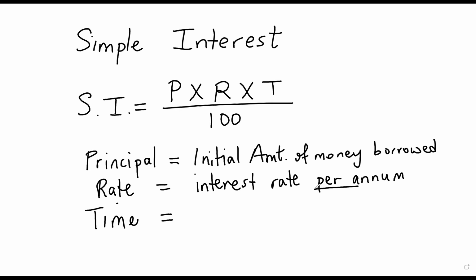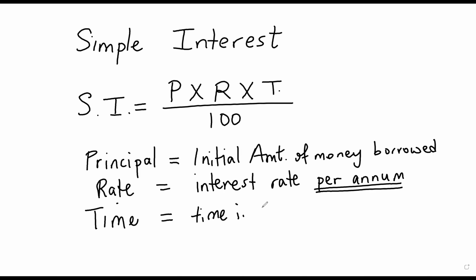What does per annum mean, guys? When they say something is 10% per annum, what does per annum mean? Per year, correct. So per annum means per year. And so the time T in the simple interest formula represents the amount of time in years.